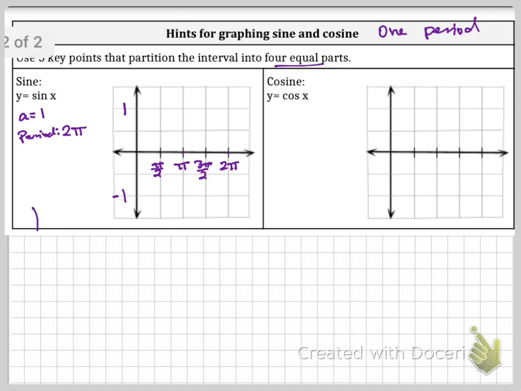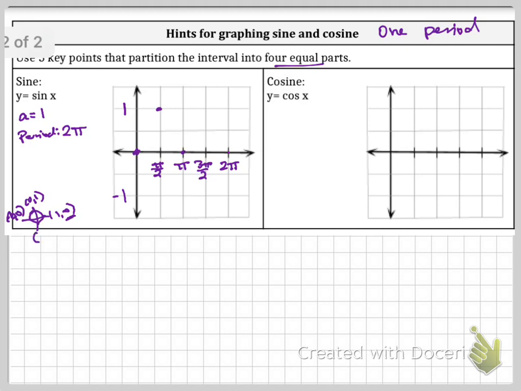Sine, if you remember, at 0 radians, the y value is 0. So at 0, we start at 0. Then when we go up, our y value equals 1, which is why it's 1 here. At pi, we were at -1, 0, so that y value is 0.